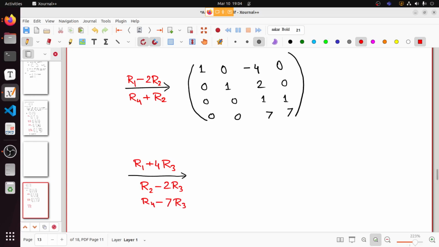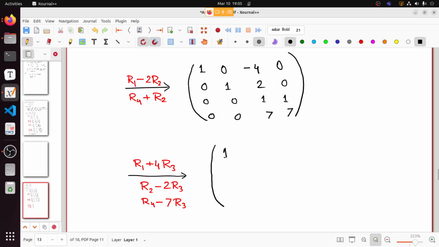So then what will it become? R1 plus 4 R3, multiply row 3 by 4 and then add it to row 1.